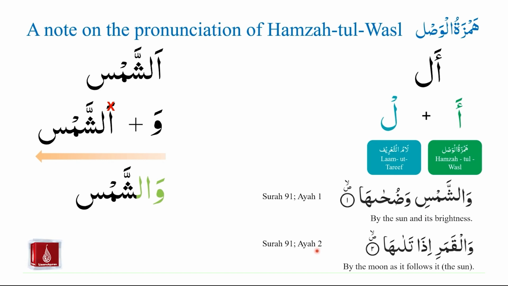Similarly, in the next ayah, we have Wal Qamari, rather than saying Wa Al Qamari. Both of these examples are very good cases of the ease of pronunciation that we get with the adjustments made to Hamzatul Wasl.